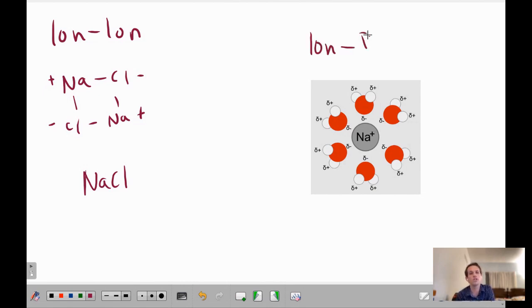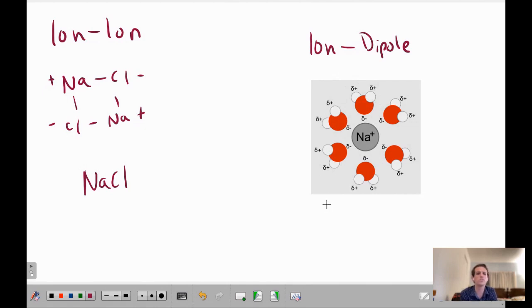The other one I want to mention, and this is going to apply more to solubility and things like that, which we'll talk about tonight as well, is ion-dipole interactions. That's when you have polar molecules and ions in solution. So this essentially explains why something like sodium chloride is going to dissolve in water. There is an attraction between the partially negative charge on oxygen.